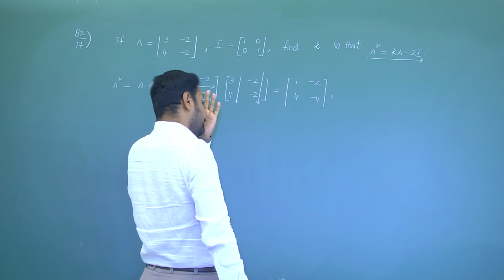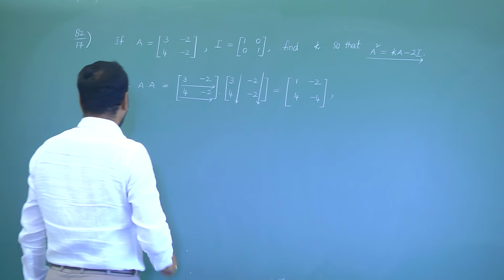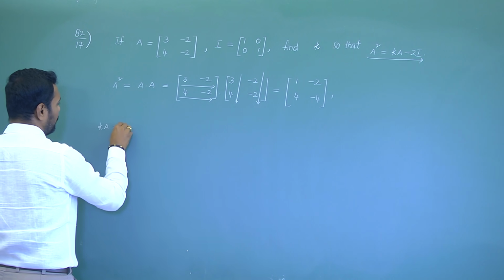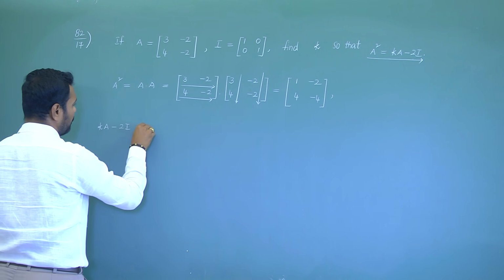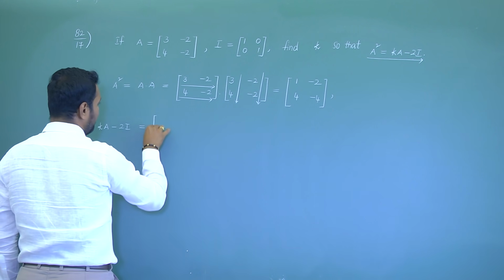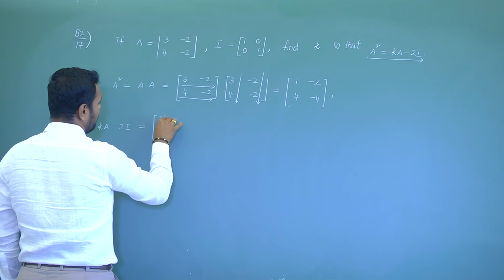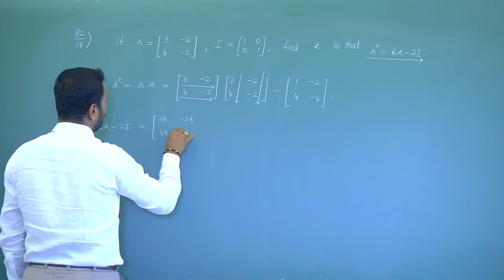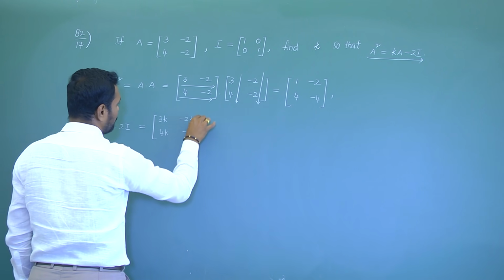This is LHS. And RHS, I am considering K into A minus 2 into I. So if you multiply K with this, then you will get 3K, minus 2K, 4K, minus 2K.